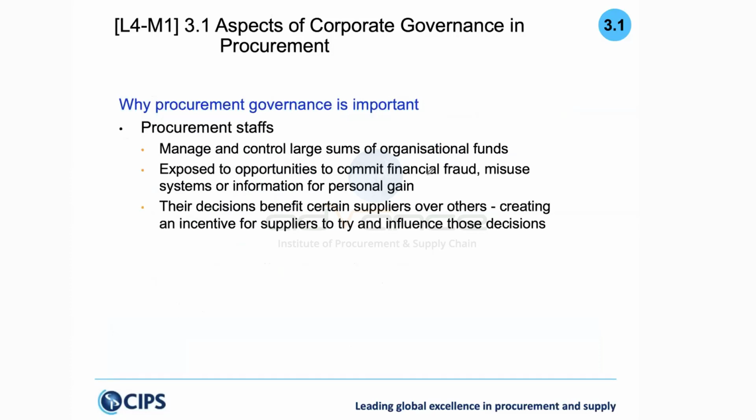So a supplier may want to induce, tempt, bribe, right, to get business. So you have to make sure that there are systems of checks and balances in place. There are controls, process, technology, systems controls, and audits to ensure that people follow the rules. Right?